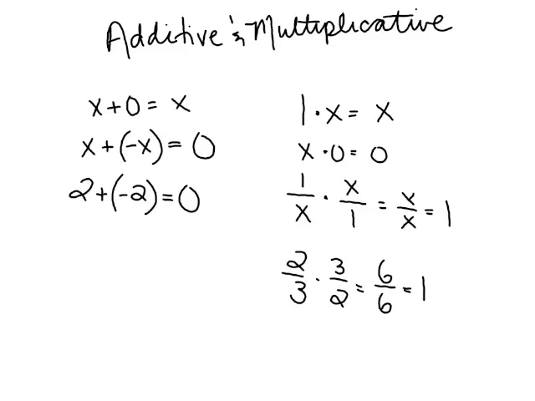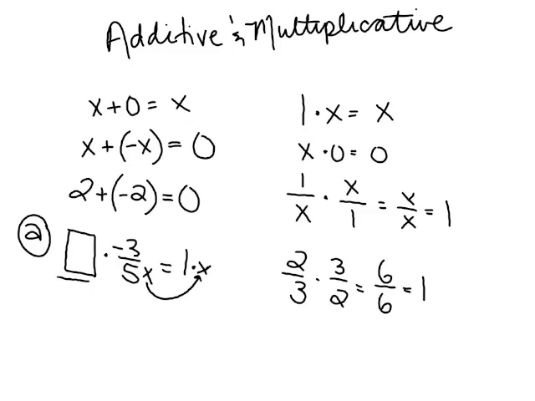So the example they give us here on page 80 is if I have an unknown number times negative 3/5 x equals 1 times x, or x. How do I figure out what this unknown number is?